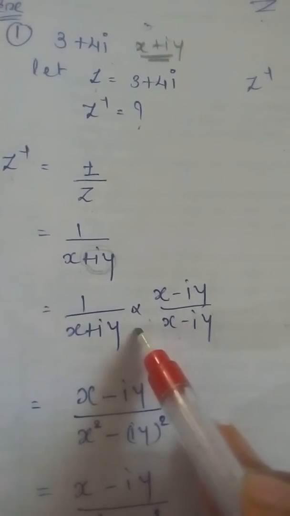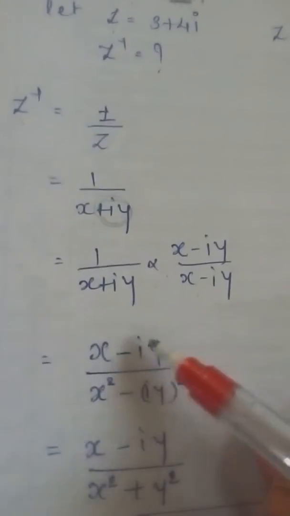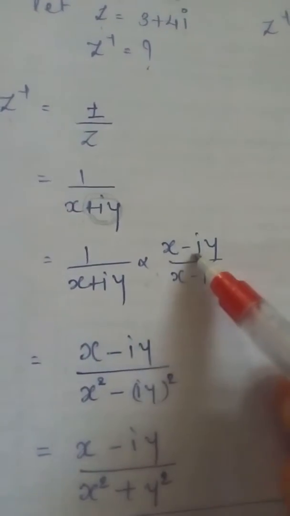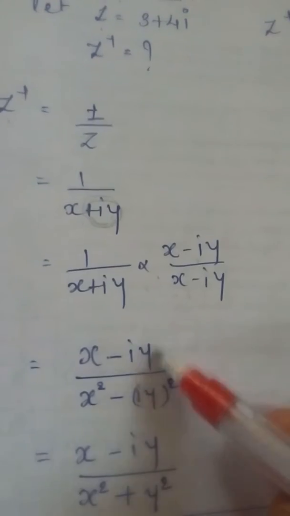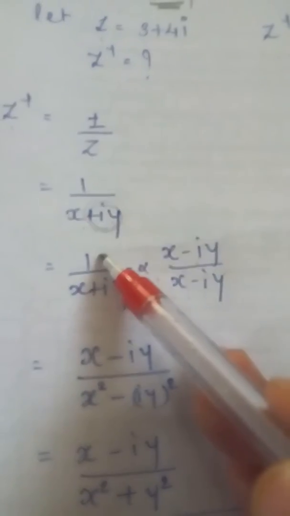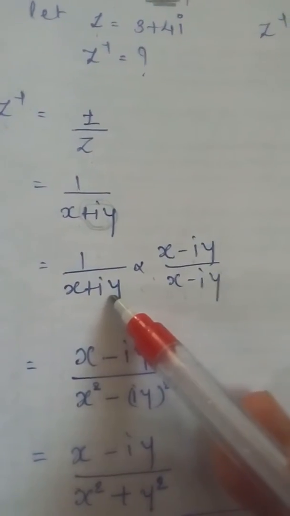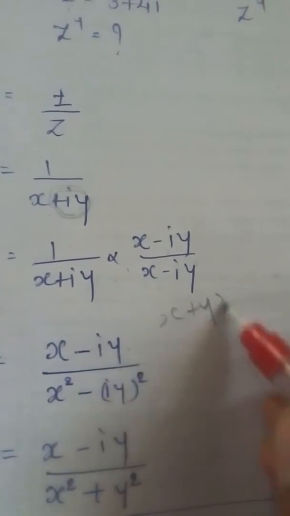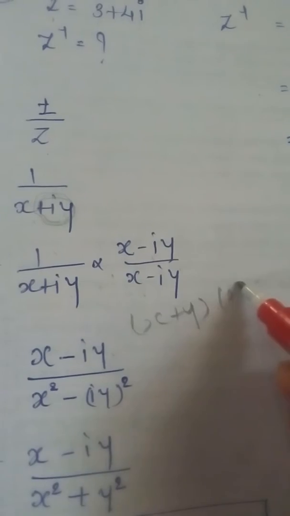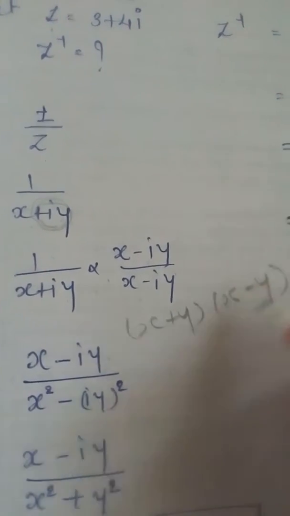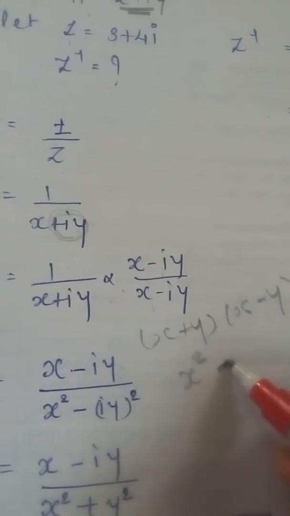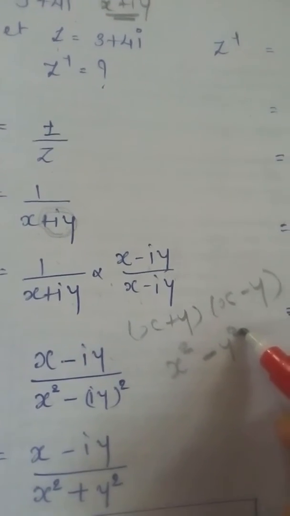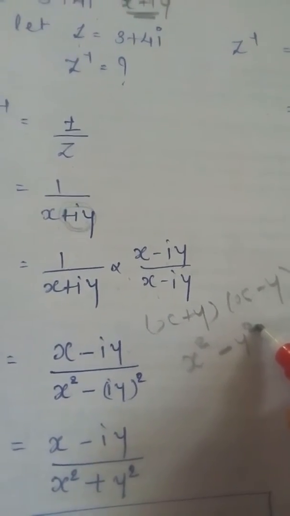By multiplying, we get x minus iy in the numerator, because there is a 1 in the numerator, and in the denominator it is again x plus iy multiplied by x minus iy. So it will become x square minus i square y square, which is an algebraic identity.